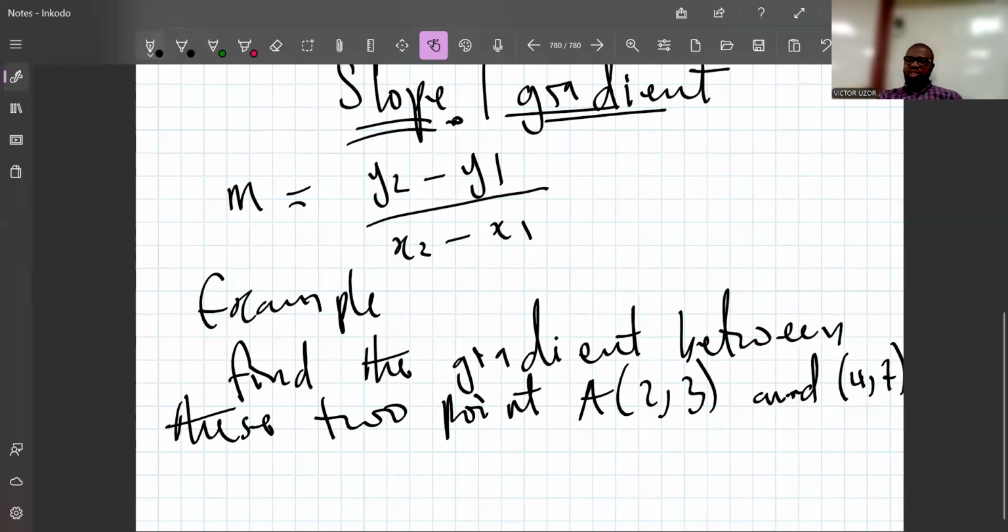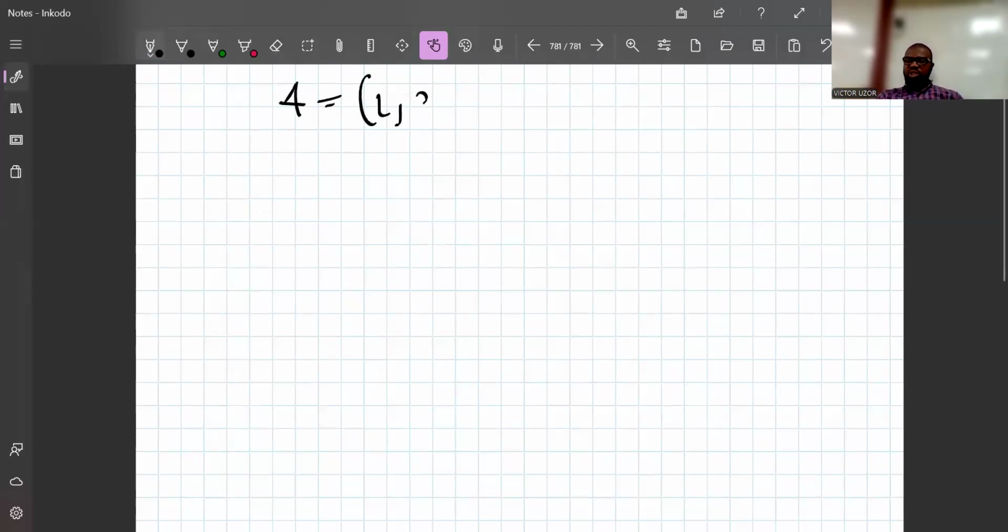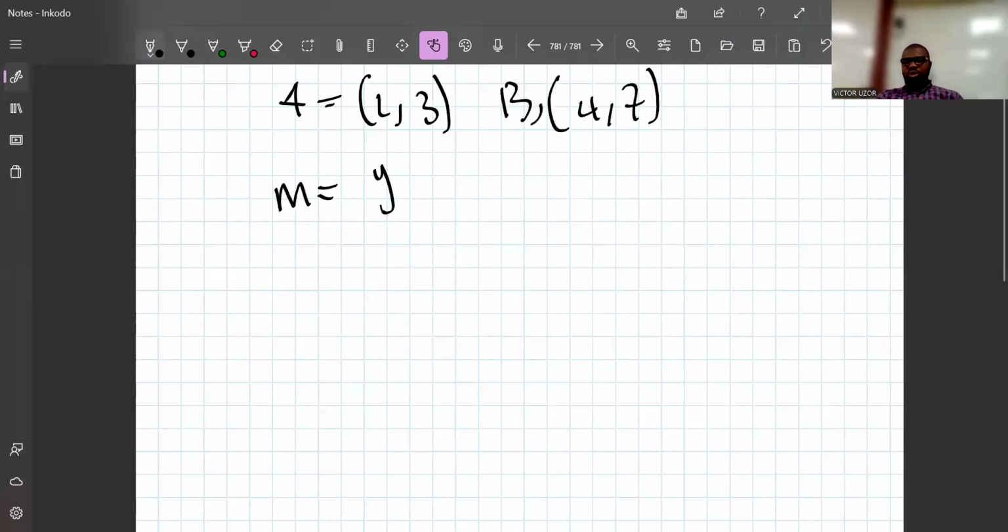You want to find the gradient between these two points: A (2, 3) and B (4, 7). The gradient should be the change in y. Remember, M is the gradient, which is y2 minus y1 all over x2 minus x1.